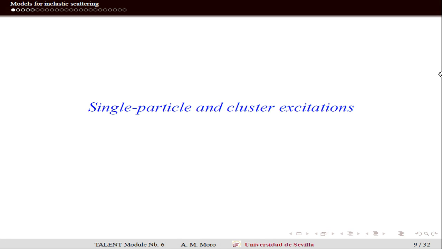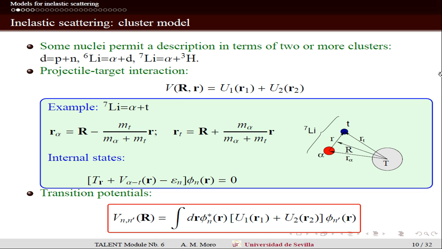So, okay, we saw last week the case of Coulomb excitation, and the case of nuclear excitation in the collective picture, actually only the rotor model. And now we go to the single-particle and cluster excitations.